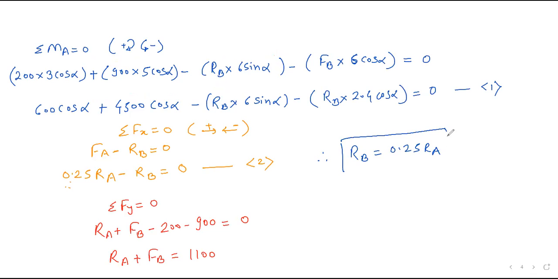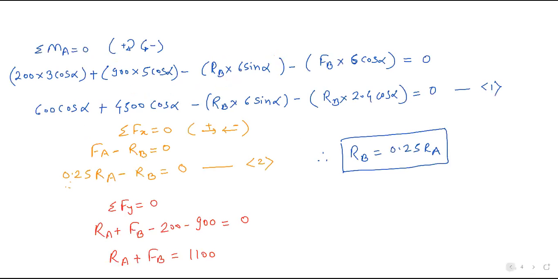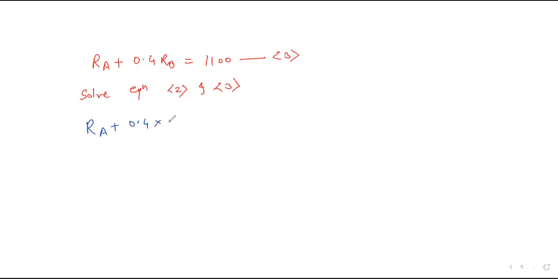Now put this value of Rb in this equation. So here Ra as it is plus 0.4 into Rb, which is 0.25 Ra. So now do the multiplication 0.4 into 0.25. Let me know the answer quickly.